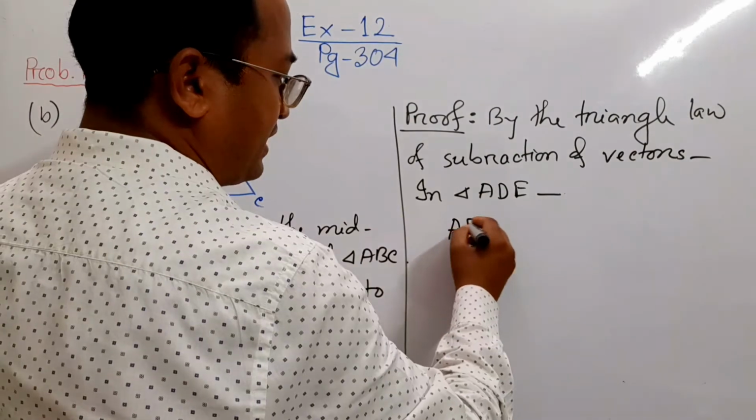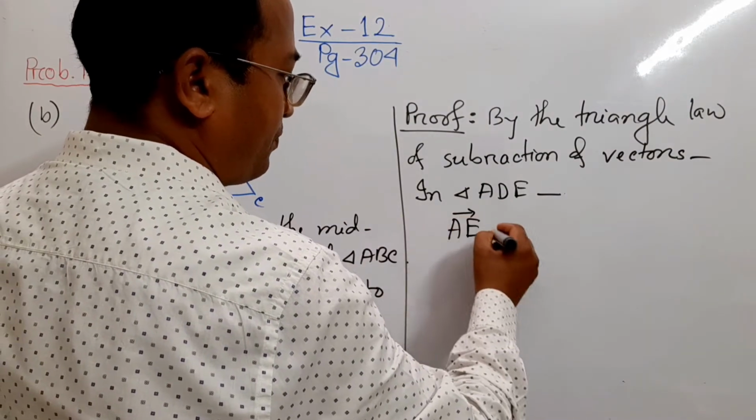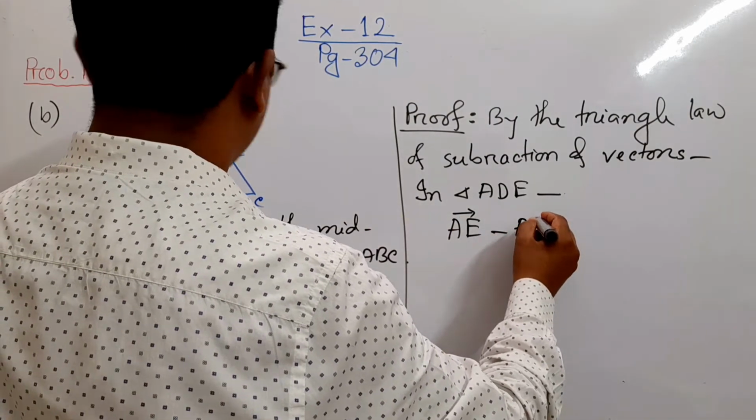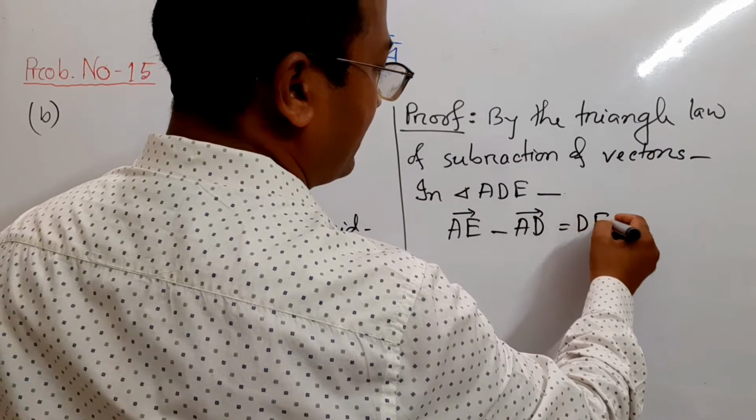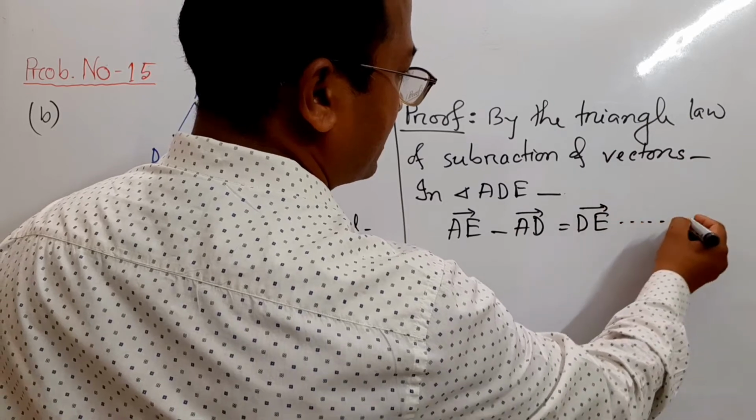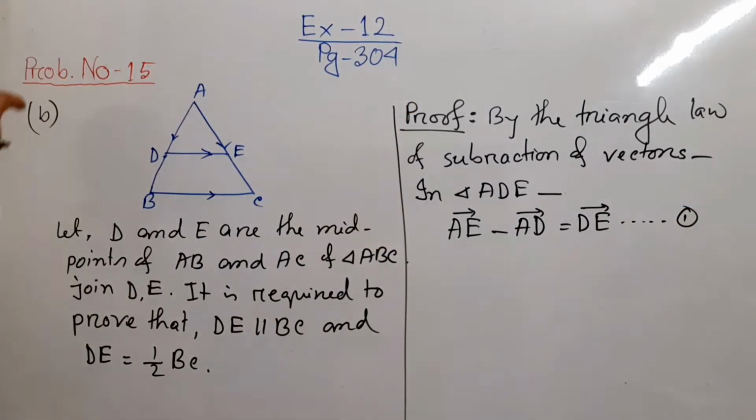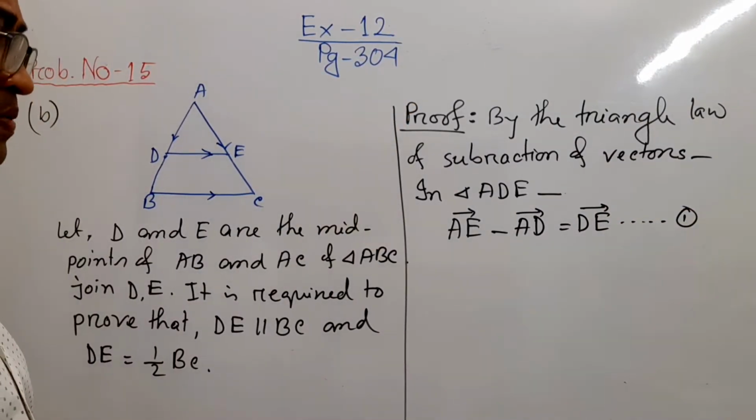Vector AE minus AD is equal to DE. This is equation number 1, which we get from the triangle law of subtraction of vectors.